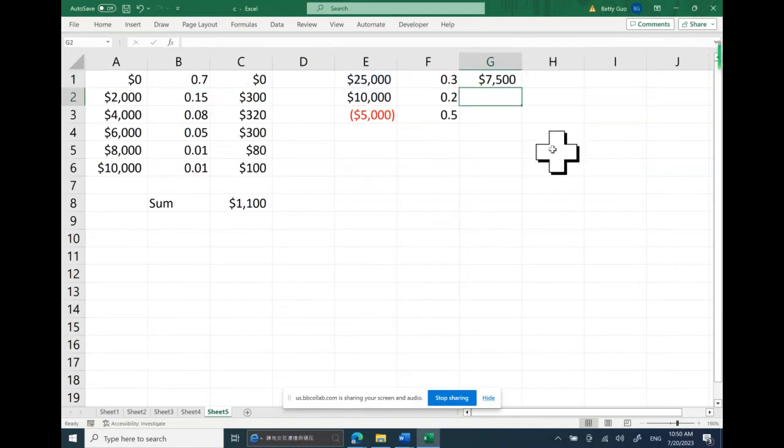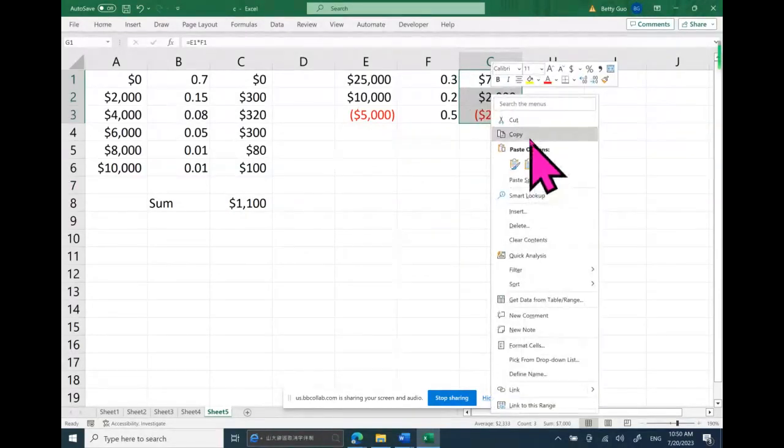That makes sense, right? 25,000 times 30%. So 250 times 3, 750. 250 times 30, sorry, my bad, would be 7,500. And then I'll just drag. 10 grand times 20%, so divide by 5, 2 grand. And negative 5 grand times half is negative 2.5 grand. So that is going to be the products.